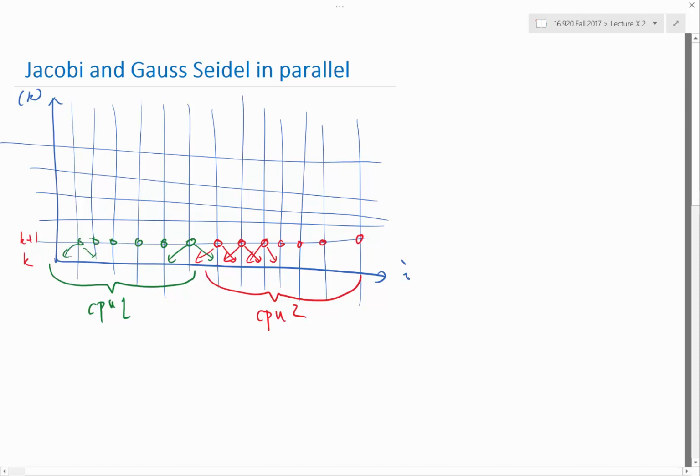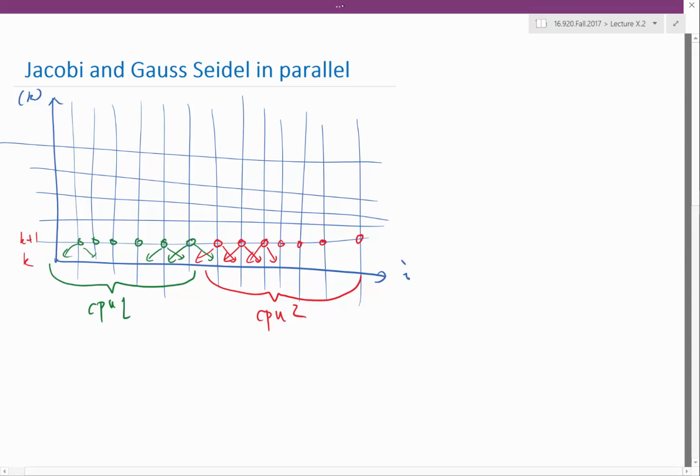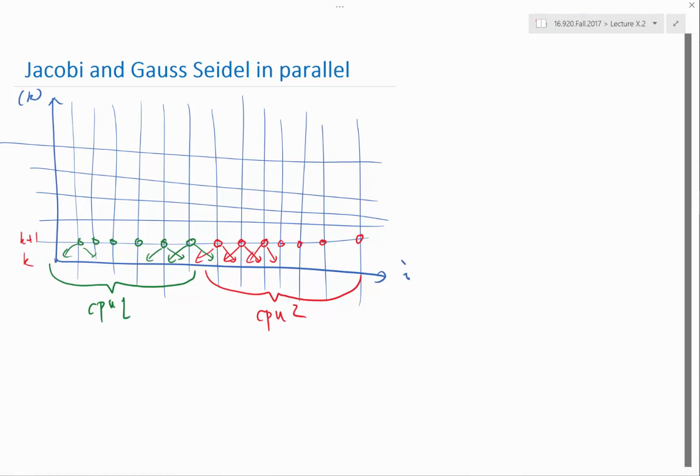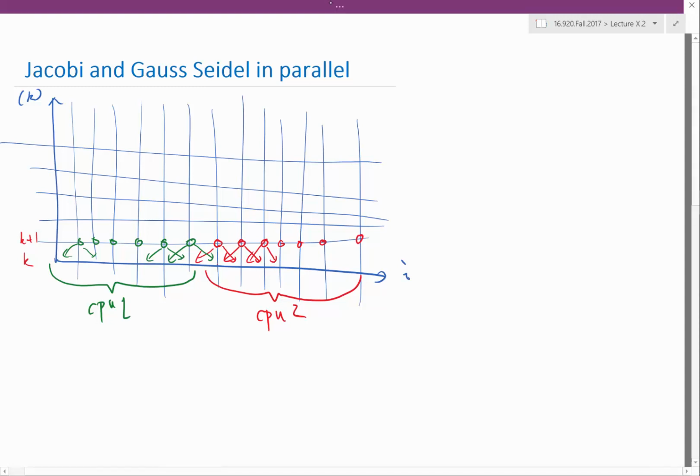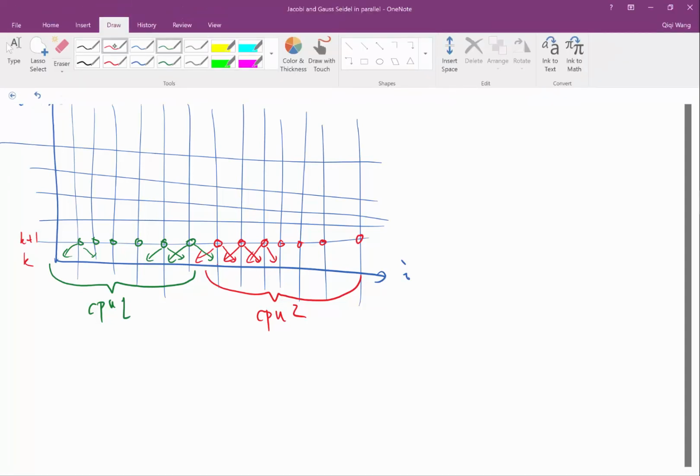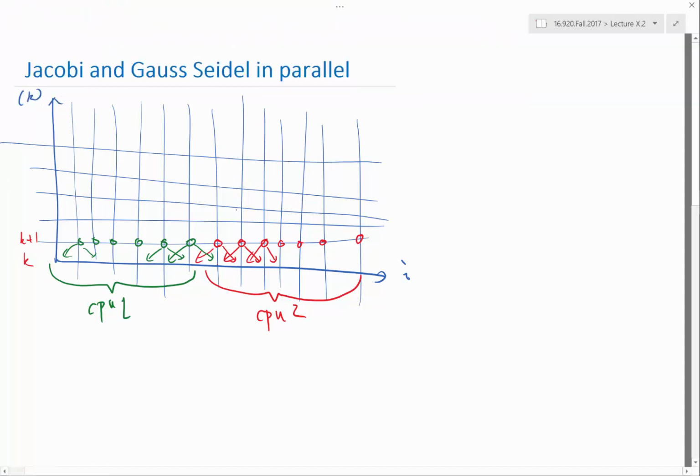Okay, so what's next is a little bit tricky because CPU 2 has computed the red numbers at k plus 1. But in order to advance to k plus 2, if I want to compute here, I need the information the green CPU, CPU 1, just computed.